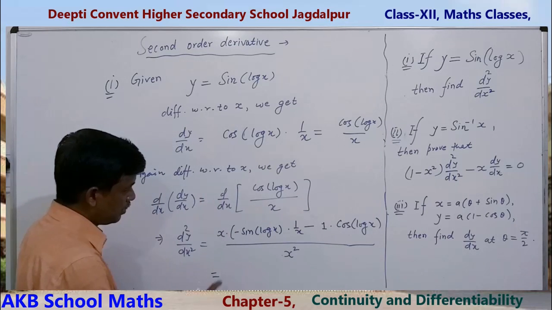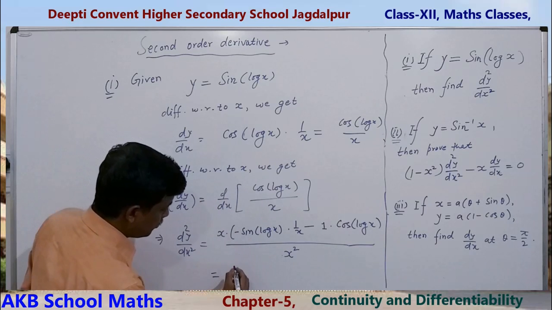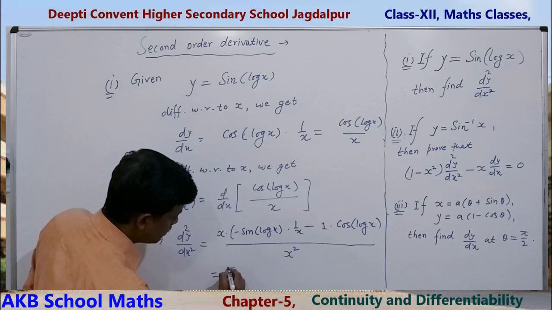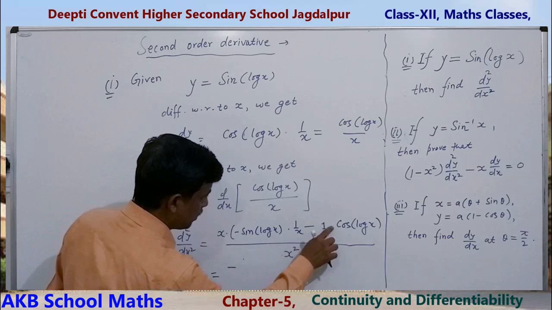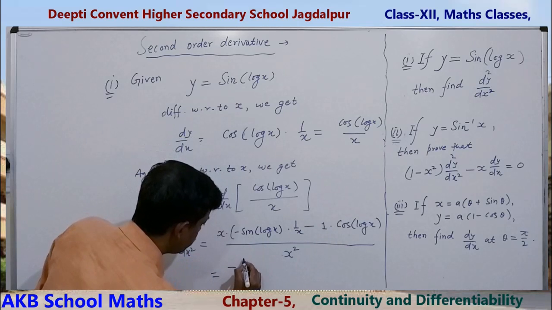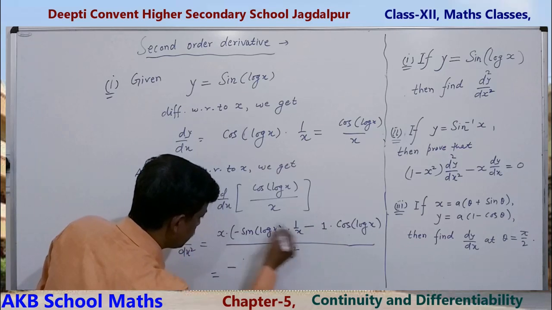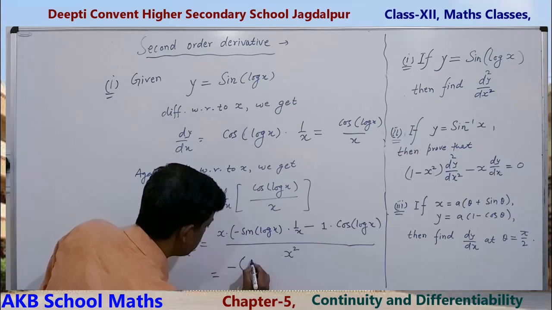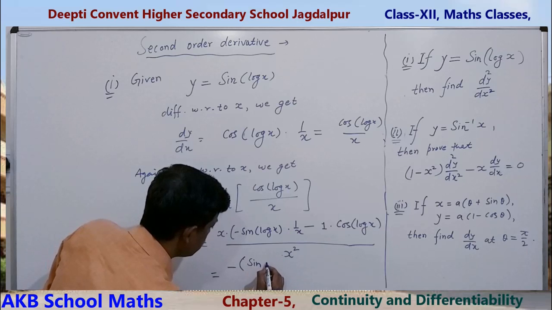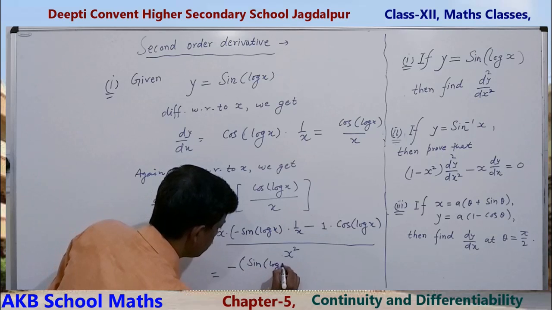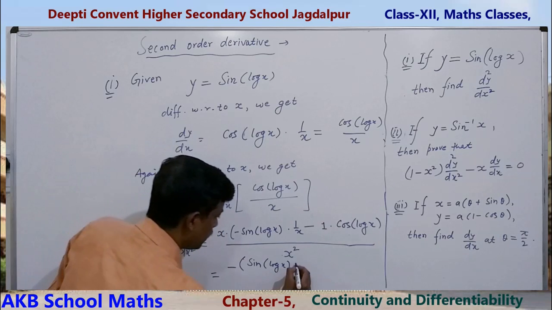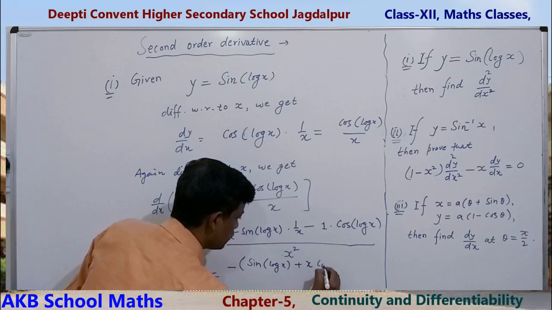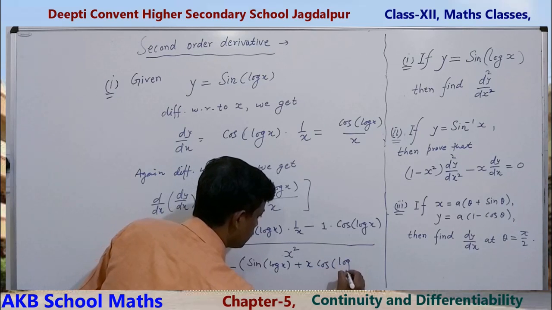Now we get minus of, x multiplied here, so minus of sine of log x plus x into cos of log x.